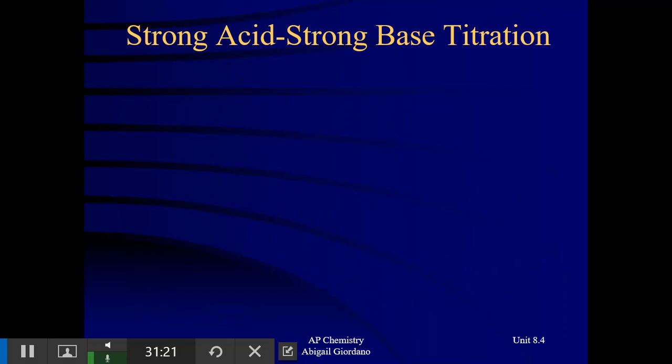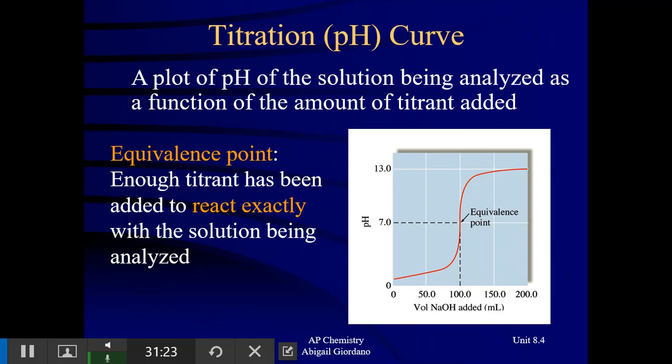So let me go back to that graph one more time. What we saw was, as we were adding more and more base, the pH was creeping up. It was going up, but slowly. We hit the halfway point, and then when you get closer and closer to the equivalence point, adding very small amounts of titrant can cause the pH to increase pretty dramatically, very quickly.